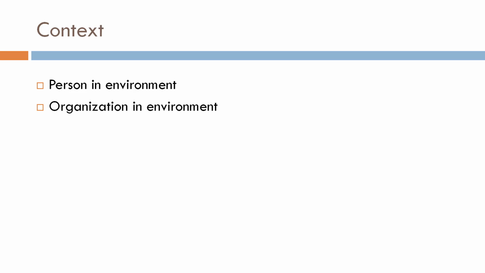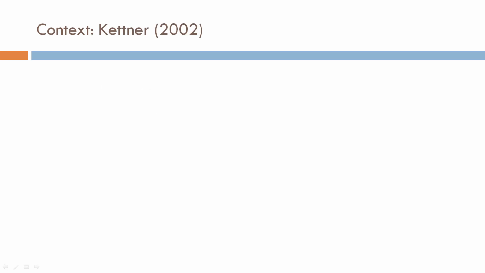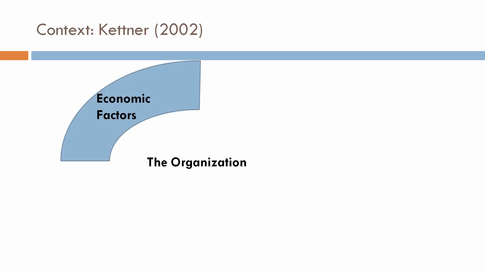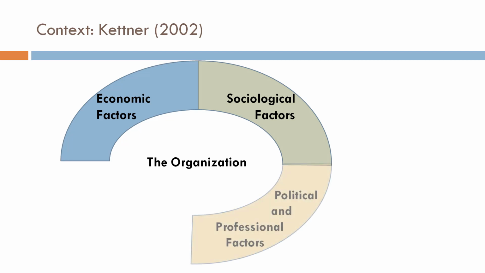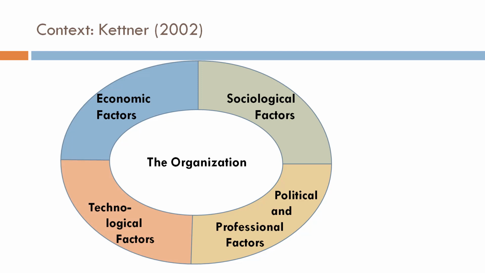Now, what would this look like? Well, borrowing Kettner's conceptualization, here's what it would look like. So here we have the organization, and the organization is surrounded by various economic factors in the environment, sociological factors, political and professional factors, and technological factors.